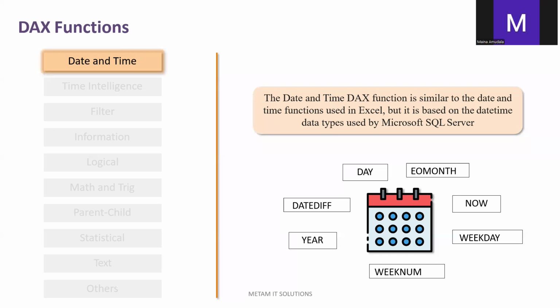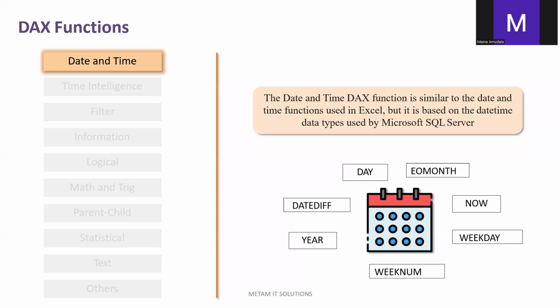End of the month, EOMONTH. It can calculate the date of the end of this month, or if you give the next month, the end of that month, or anything. It will give you the result of the end of the month. And then NOW is the function used for calculating the date of today.